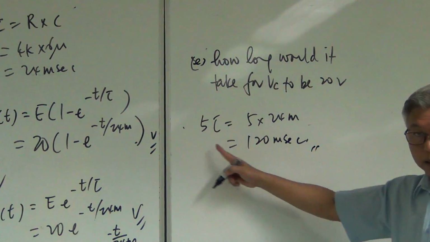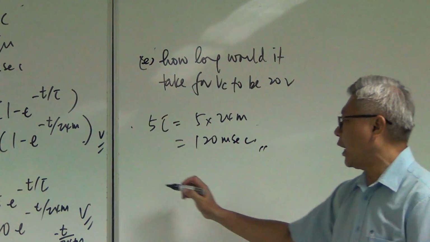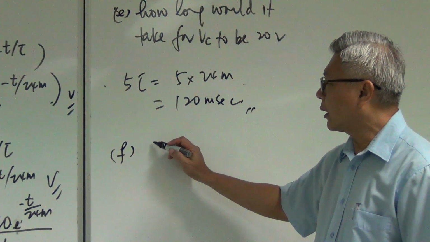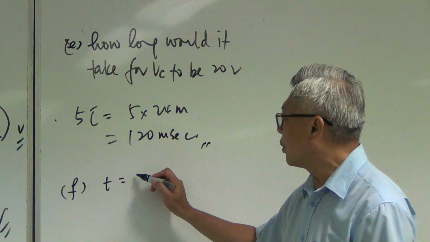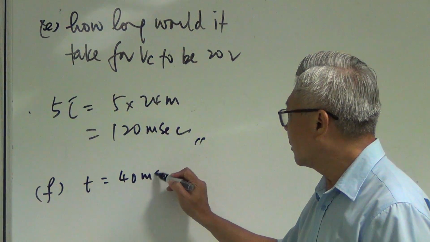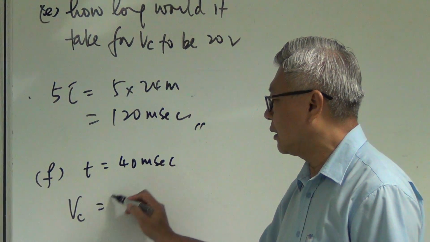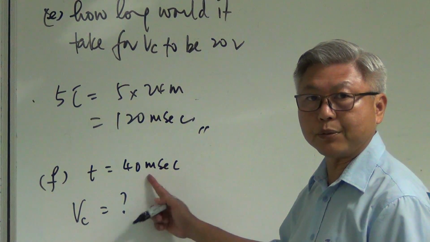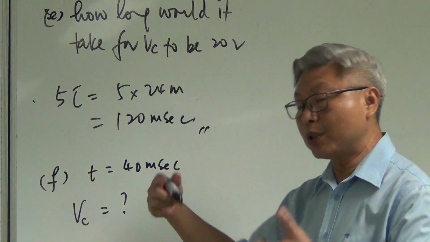Shortcut. Okay, part F. Can you find VC at t equal to 40 milliseconds? No problem. I've got the expression. What I need to do is just substitute the time into the expression and use my calculator.